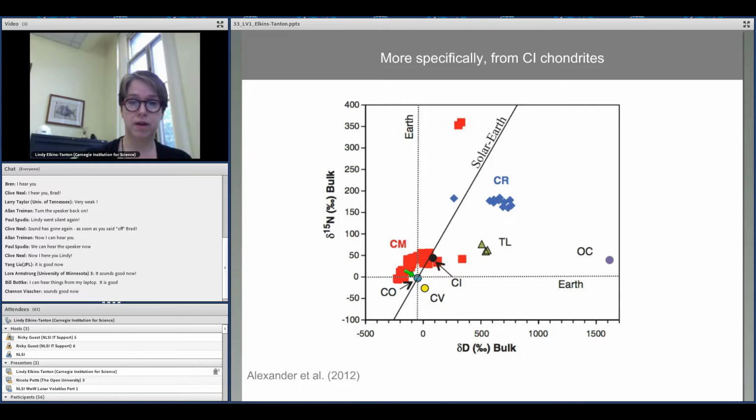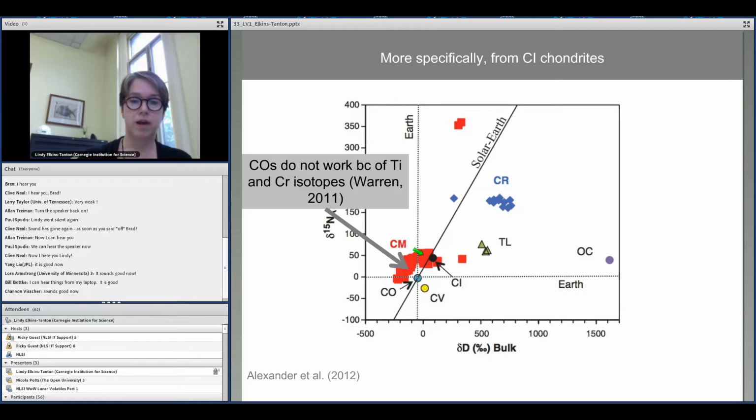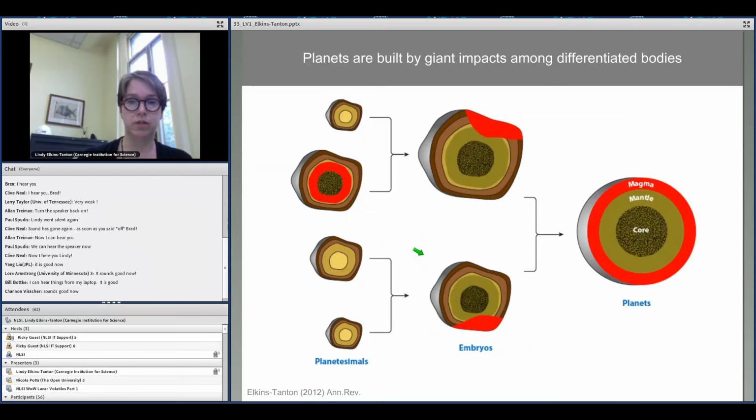Perhaps the best fitting is not actually the COs, even though they plot right at the Earth value, because titanium and chromium isotopes don't work, but the CIs. And so looking, as other people have in these presentations and will in future presentations today, looking at these rocky building blocks as the sources of volatiles during the accretion of these bodies.